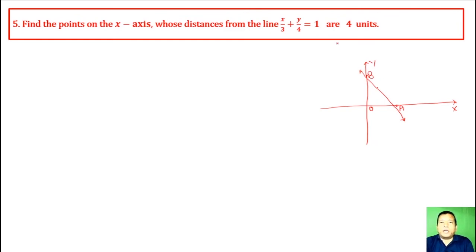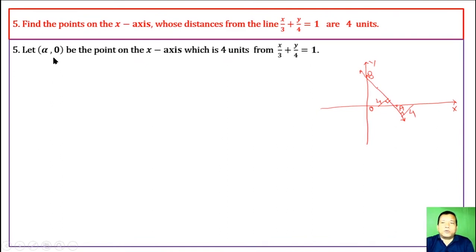We have to find points on the x-axis whose distances from this line should be 4 units. Here we can draw a line whose length is 4, and here also we can draw a line which is also 4.